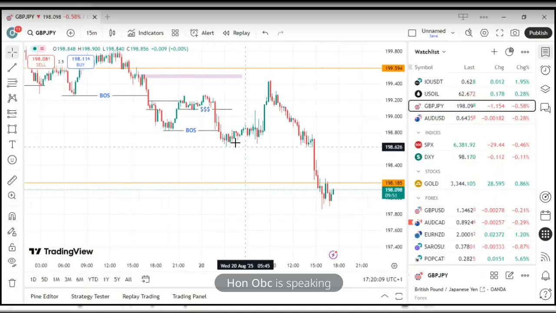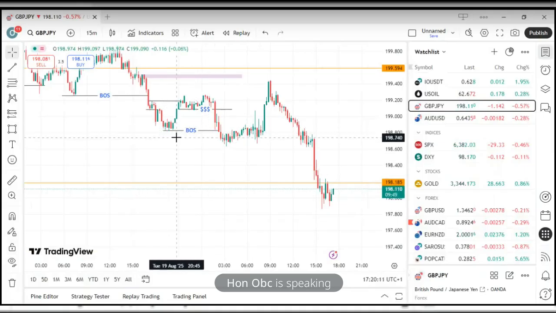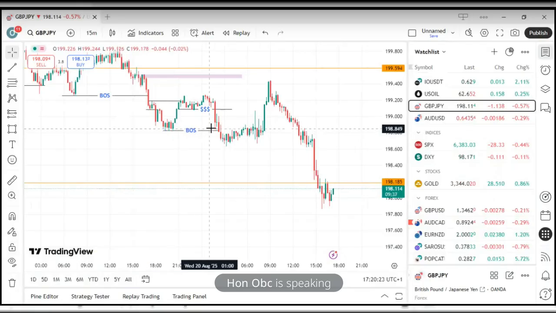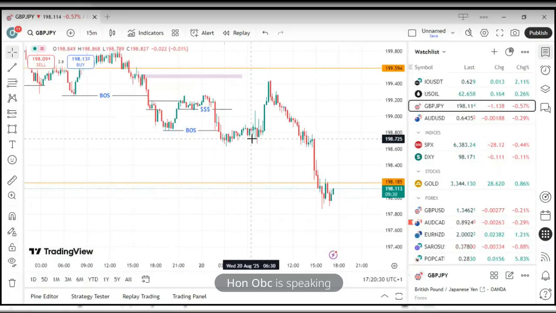When you come here, yes, there is a wick here, but there are clusters of candles. On the other one there was no cluster of candles, but here there are clusters of candles. So there is still liquidity here to be swept. That's why this market came back there, swept that liquidity, and started forming another trap for people to enter, because you know that it will still come back to sweep them out.